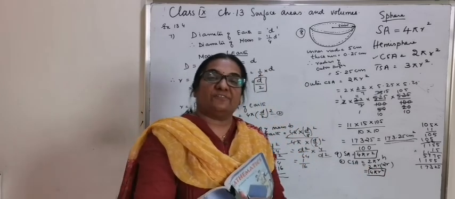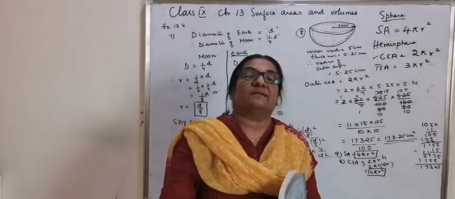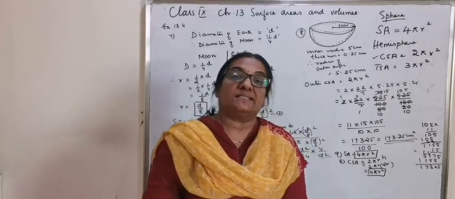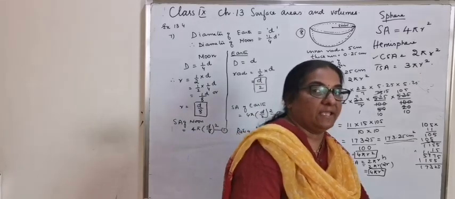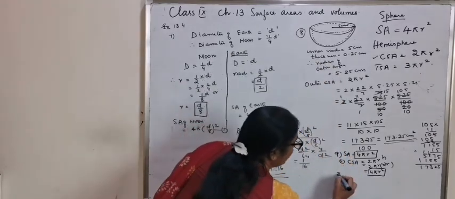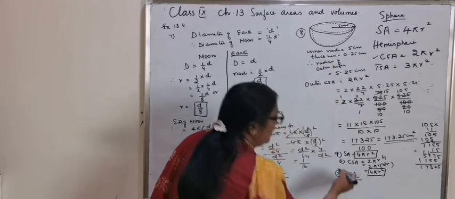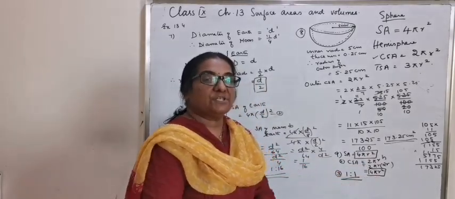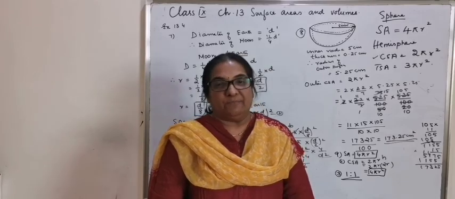So, the surface area of the sphere is 4 pi r square. Curved surface area of the cylinder is also 4 pi r square. What is the ratio of areas obtained? The ratio is 4 pi r square by 4 pi r square, which is equal to 1:1.